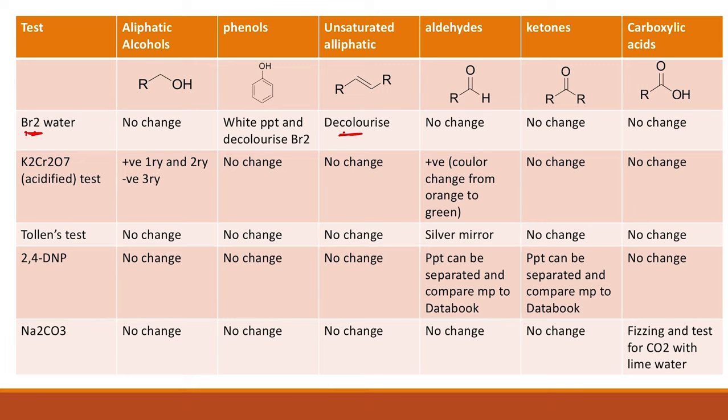Remember that phenols react with bromine water as well, and they can give you a white precipitate of tribromophenol, and it also decolorizes bromine. Acidified potassium dichromate is an oxidizing agent. It can oxidize primary and secondary alcohols, but not tertiary alcohols, and it will also oxidize aldehydes, but not ketones. So it can be positive for aldehydes and primary and secondary alcohols.